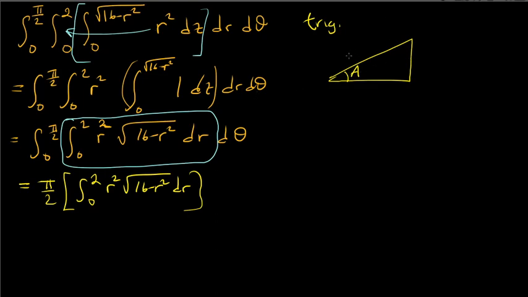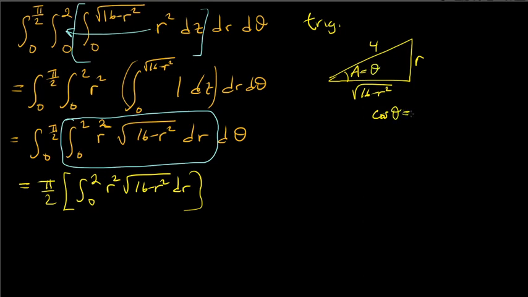So 16 minus r squared. If this is 4, then this is the square root of 16 minus r squared, right? Yeah, so cosine of A is, oh, we'll use theta. It doesn't matter, I'm just so used to theta here.